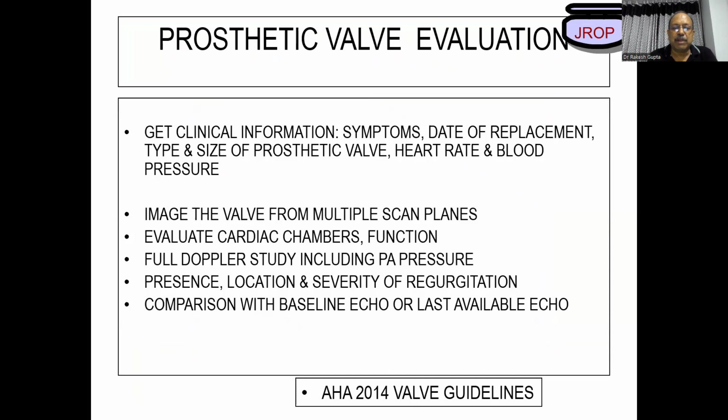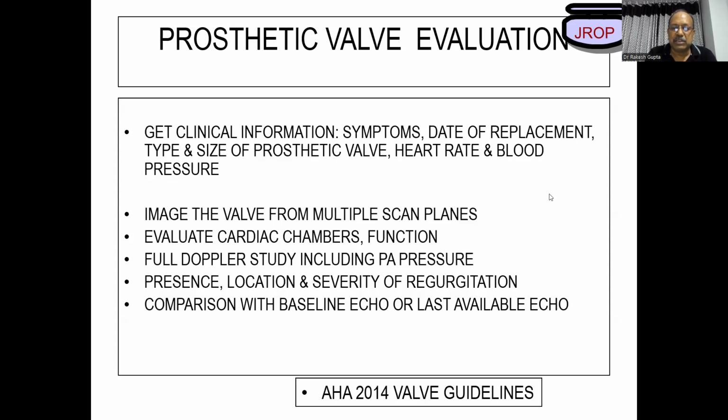Then image of the valve from multiple scan planes, looking at the cardiac chamber size and their functions, full Doppler study including pulmonary artery pressures, presence and location of any severity of regurgitations, and comparison with the baseline echo which was done soon after, maybe within 3 to 7 days of surgery, to compare the relative values of gradients as well as sizes.